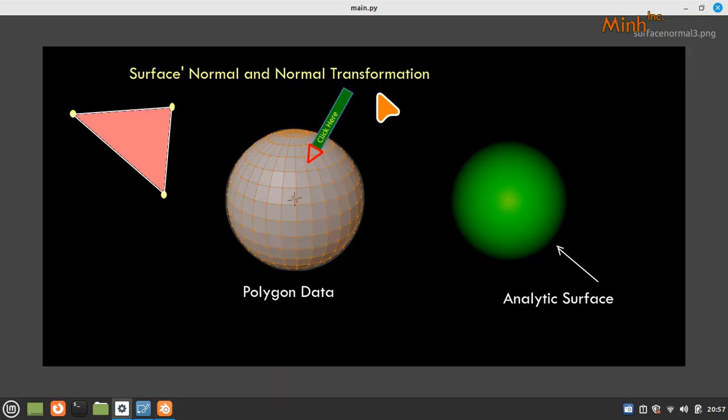So a surface can be like a sphere, and its surface can be a set of polygons. That is what we are saying. Or it can be completely smooth. It is called an analytic surface. An analytic surface can be represented by an equation, whereas the other is a set of polygon data: 1 polygon, 2 polygon, 3 polygon, and so on. Surface can be in both ways.